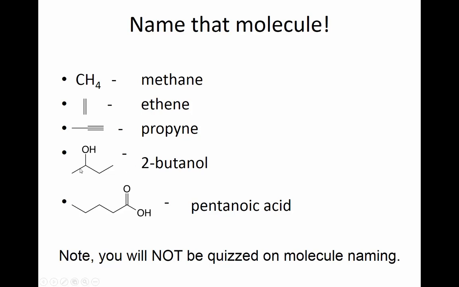So you can see this is 1, 2, 3, 4 carbons with an alcohol group. This is butanol, and because it's on the second carbon of the butane molecule, it's 2-butanol. Pentanoic acid, 1, 2, 3, 4, 5 carbons. Pentanoic acid.